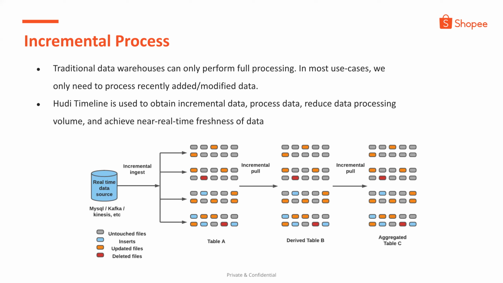When we build our subsequent tables B and C based on table A, if the calculation logic supports incremental construction, then we only need to obtain new and changed data during the calculation process. In this way, the amount of data involved in the calculation is significantly reduced.